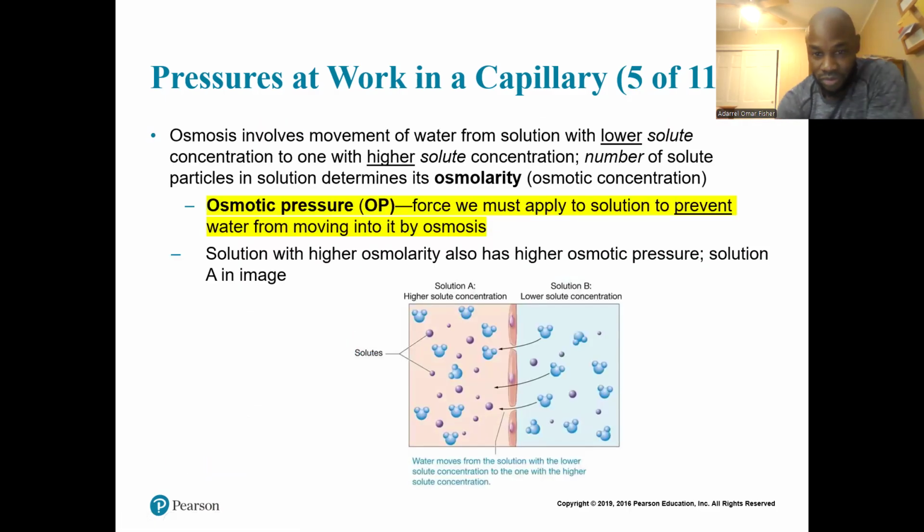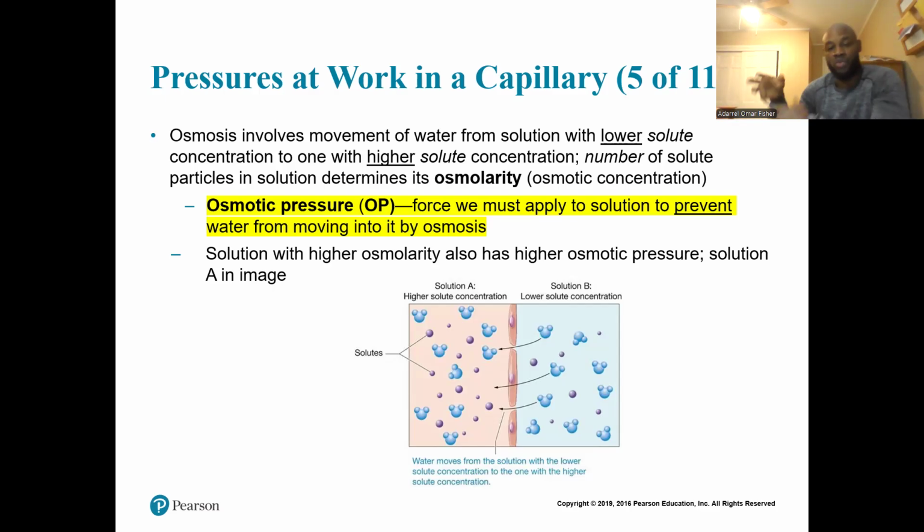Osmotic pressure, and this is where it can get a little confusing, involves the movement of water from low solute concentration to high solute concentration. The osmotic pressure is the force we must apply to prevent water from moving by osmosis.